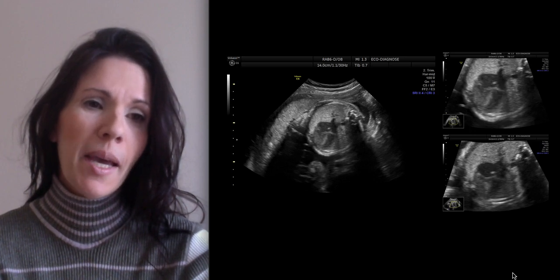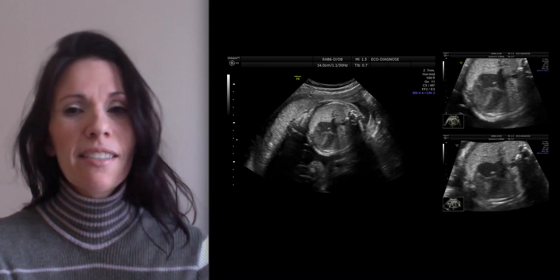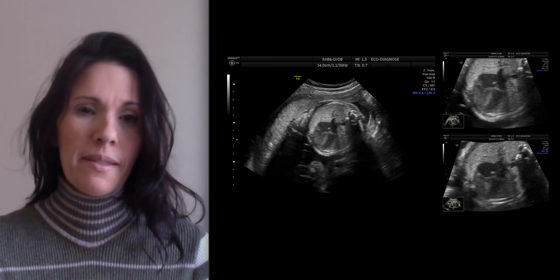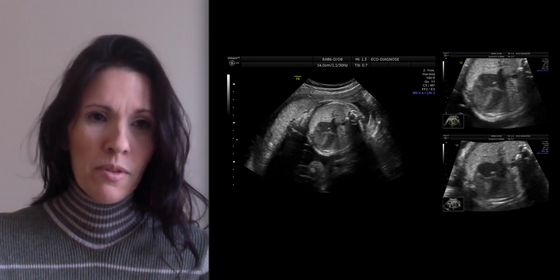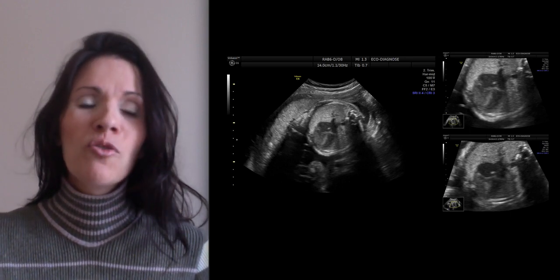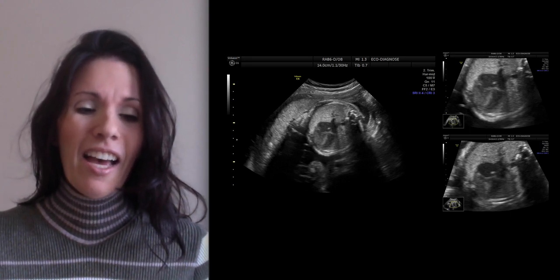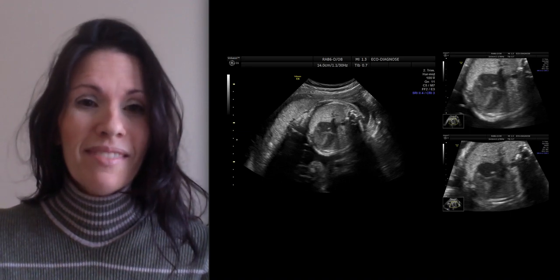When I saw this gap at 20 weeks, I had three diagnoses in mind. First, persistent left superior vena cava, drainage to the coronary sinus. Second, persistent left superior vena cava, drainage to the coronary sinus, unroofed coronary sinus. And third, septum primum ASD.